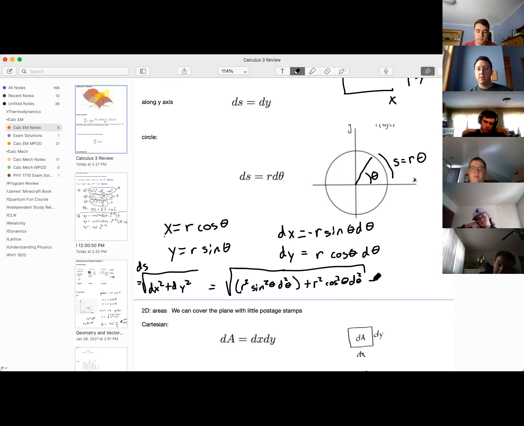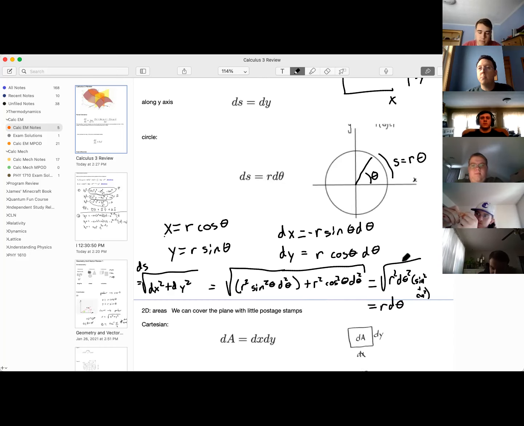I can regroup this to write this as the square root of r squared d theta squared times sine squared plus cosine squared. And this just gives 1, so you just get r d theta.